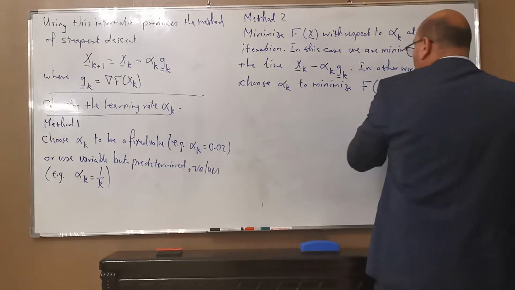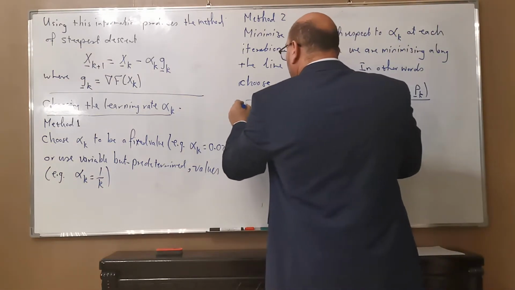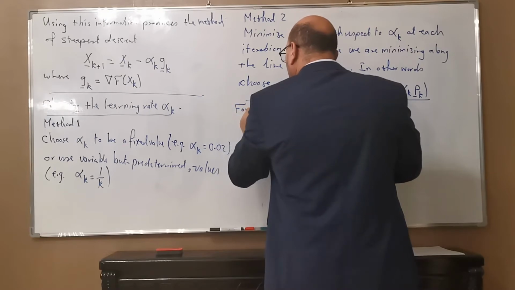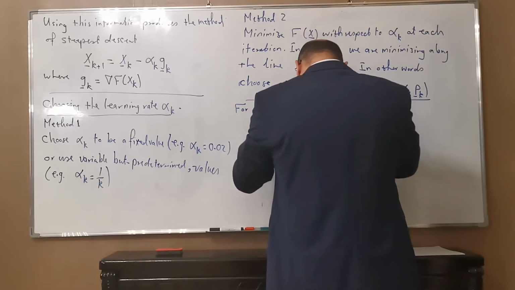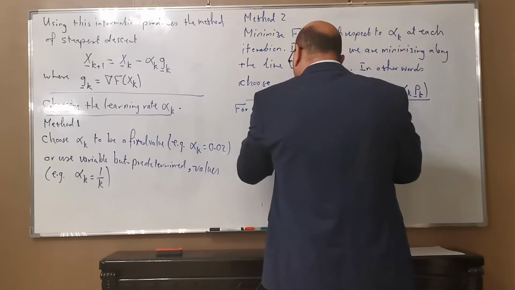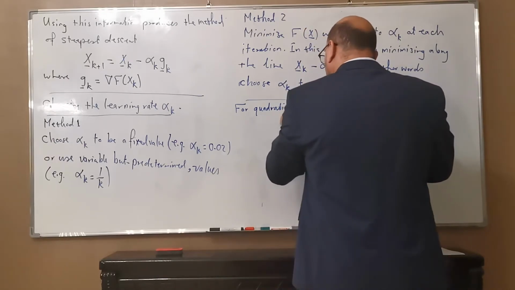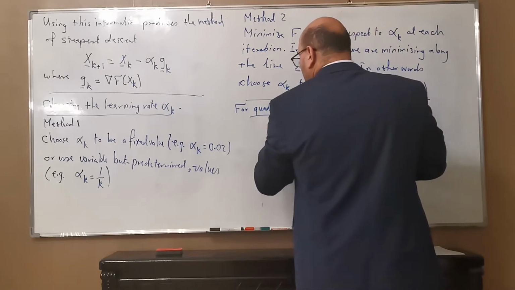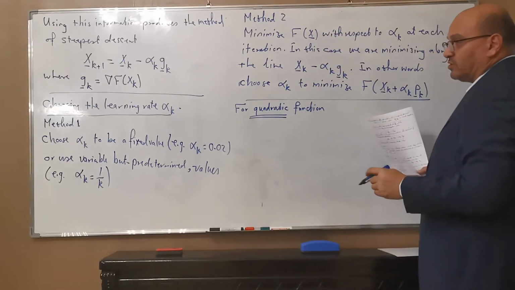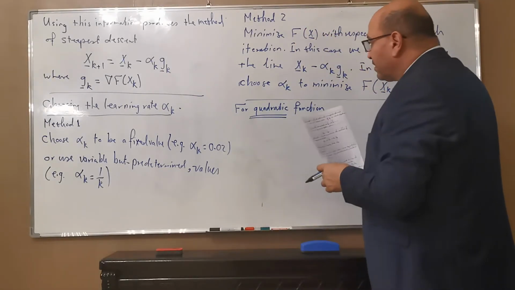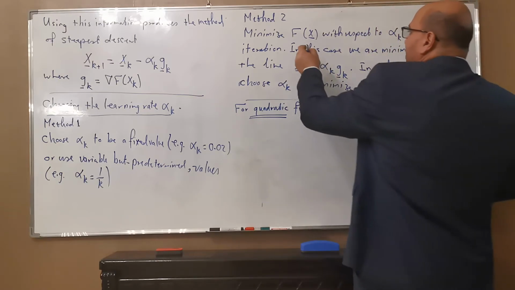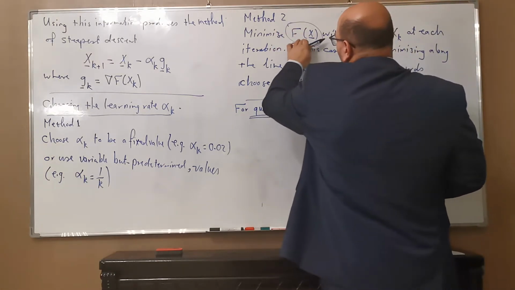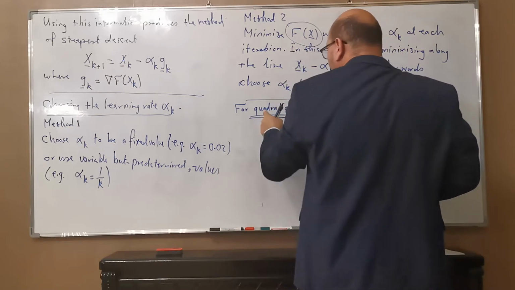Okay, so we'll take this for quadratic functions. We are using a quadratic function, which is most of the time the case, because most of the time what you minimize is the sum of squares of errors, so it's a quadratic function.